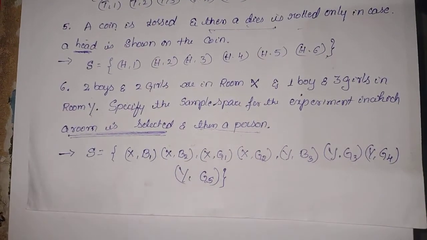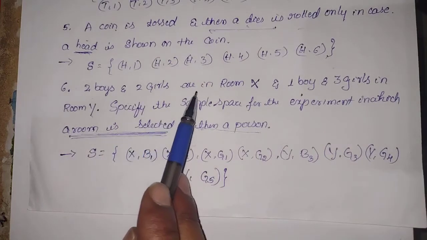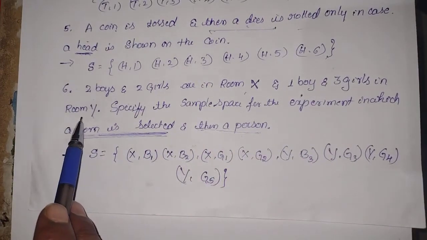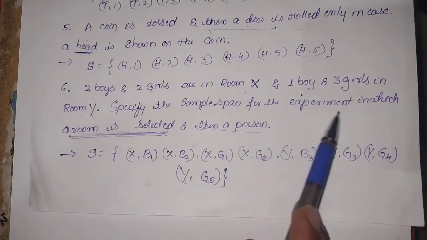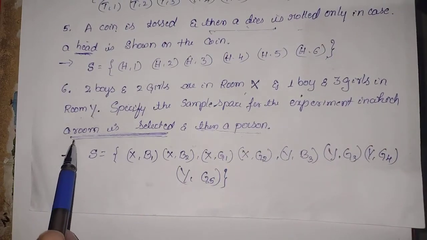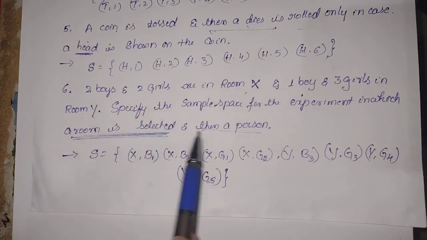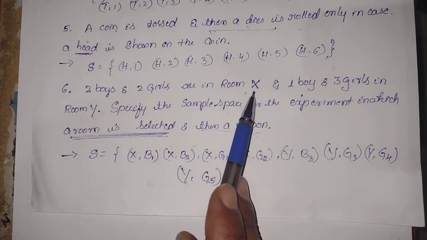Shall I explain once again? Two boys and two girls are in room X. One boy and three girls are in room Y. Specify the sample space for the experiment in which a room is selected and then a person. First we select the room, next the person. There are two rooms.